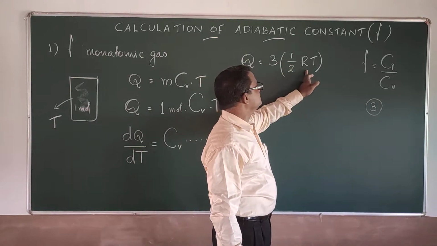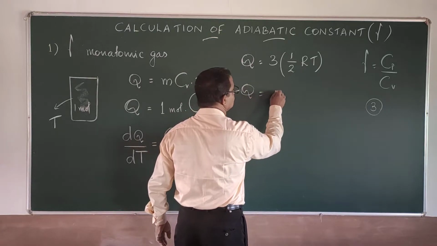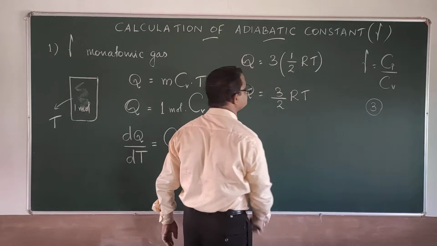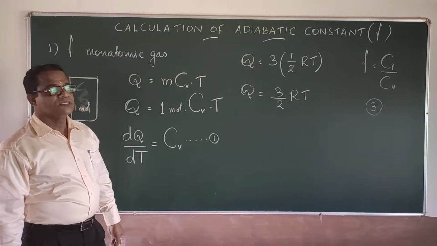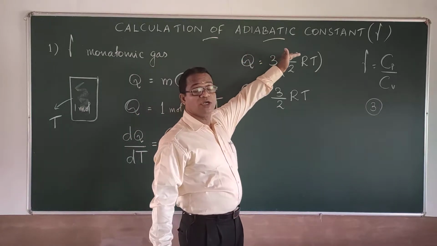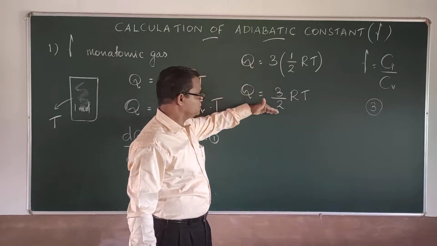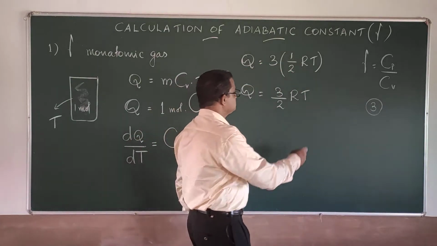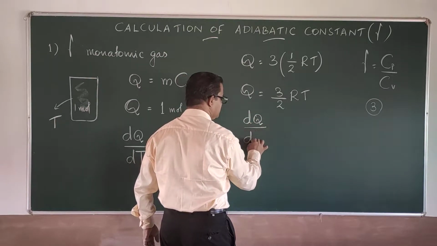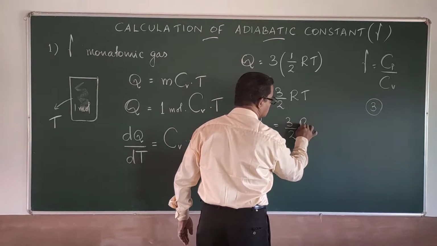So, half RT into 3, therefore Q equal to 3 by 2 RT. Then from this you get dq by dt equal to 3 by 2 R.